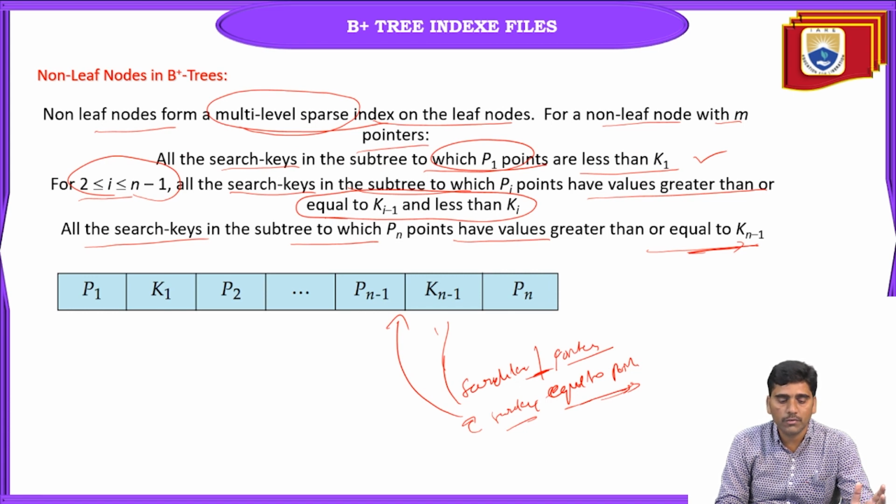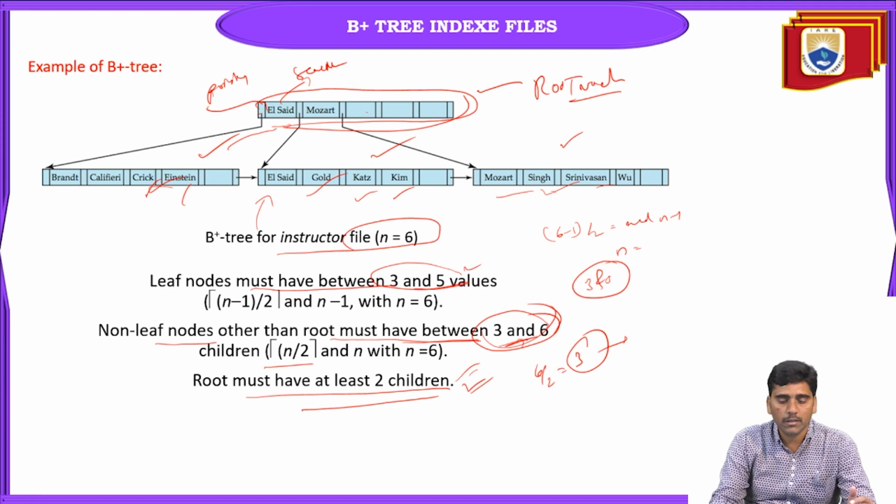Non-leaf nodes are the internal nodes, which don't have leaf nodes, and their children must equal the pointers as well as search key values. Here is an example of non-leaf nodes, which contain both pointers as well as search key values.